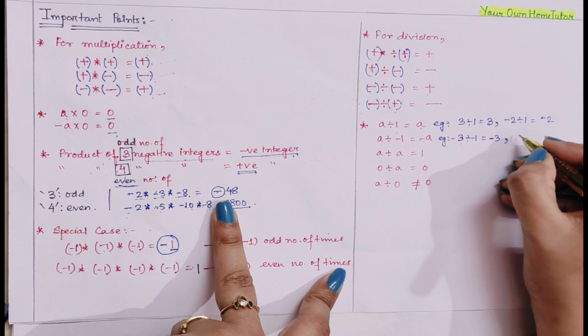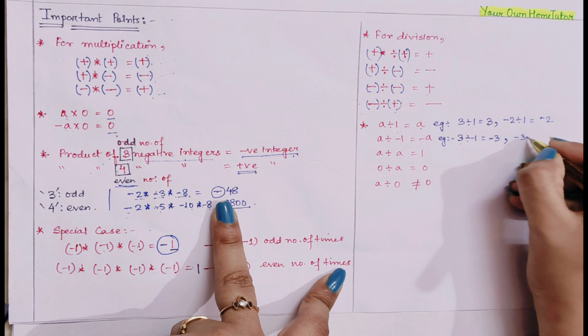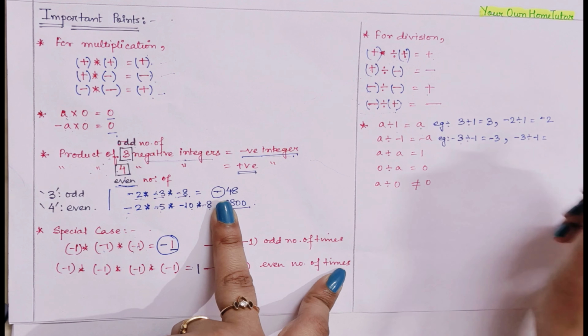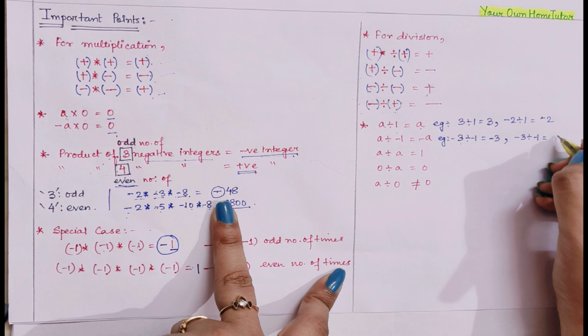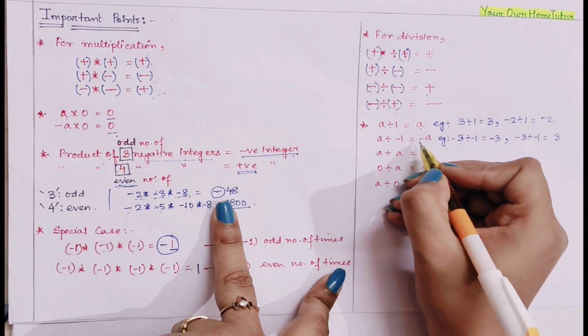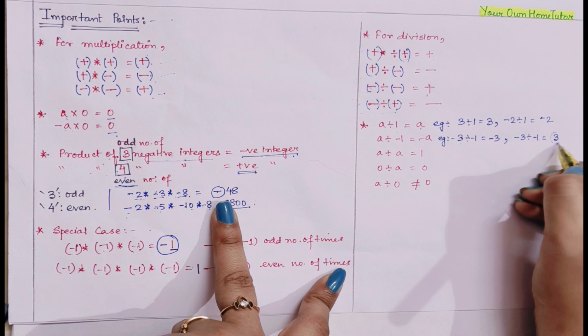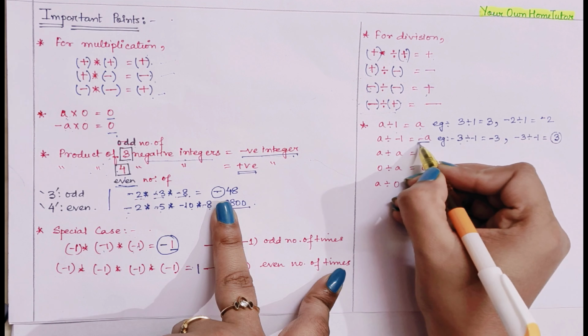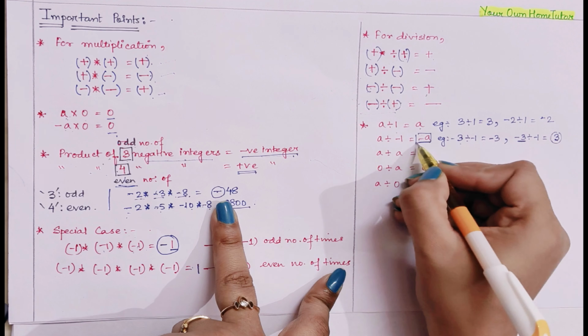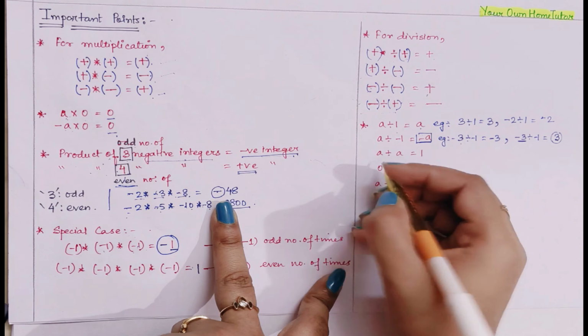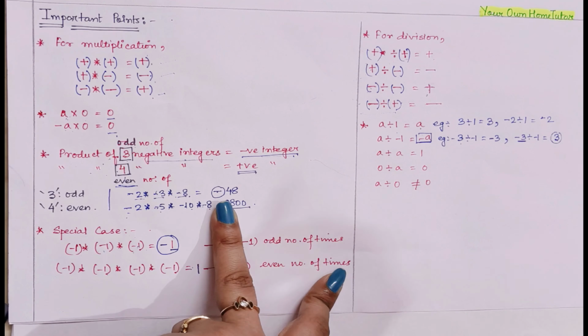Again, if you see, -3 divided by -1, 2 negatives when divided will give me a positive result and the answer will be 3. So this 3 is positive 3 and it is nothing but the negative of -3. So the answer we are obtaining in this fashion also obeys this rule.